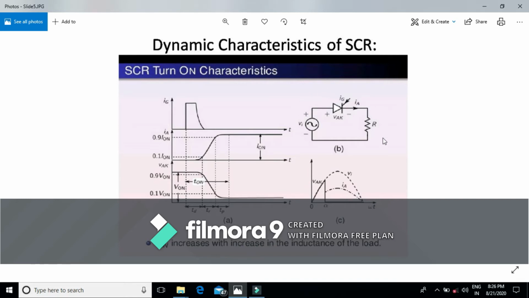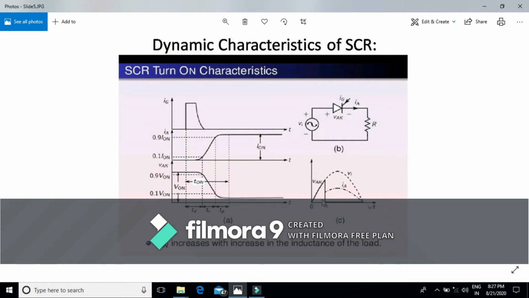If this is the diagram of this circuit, that means we are applying some forward voltage or input Vi. If this is the SCR and this is the resistive load, once it's turned on, that means if we are applying gate current, until it reaches the latching current where it turns on, we represent that as alpha.